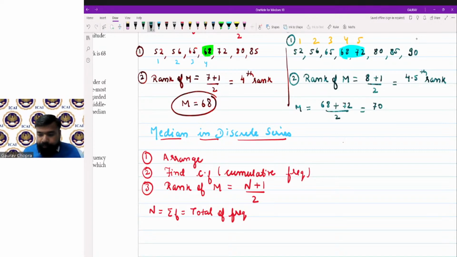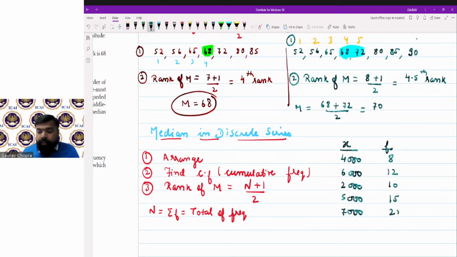So let's take one example for this. X is given: 4000 and here it is 8, 6000, 12, 2000, 10, 5000, 15 and 7025.